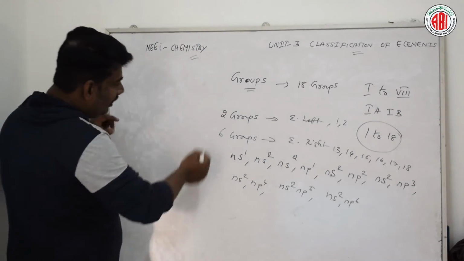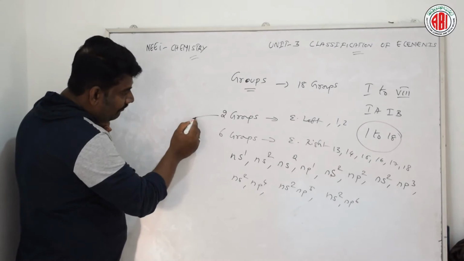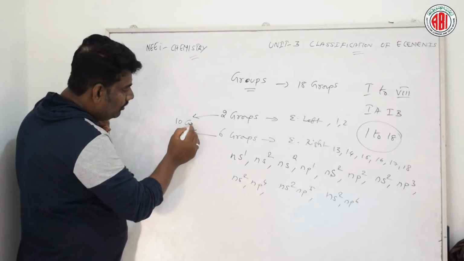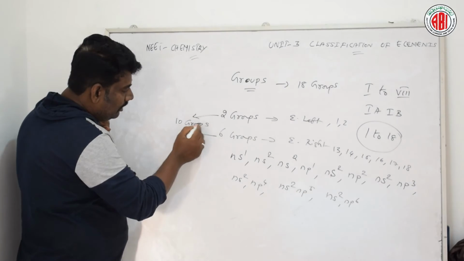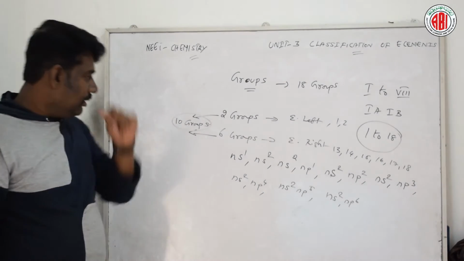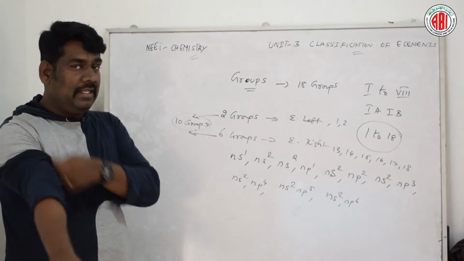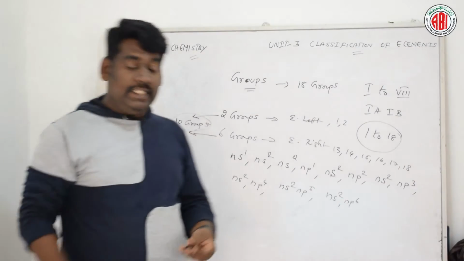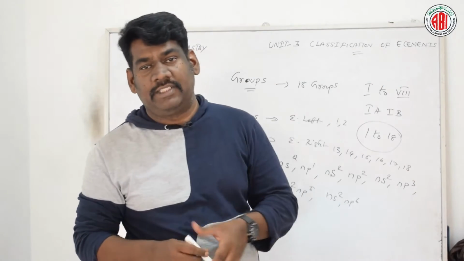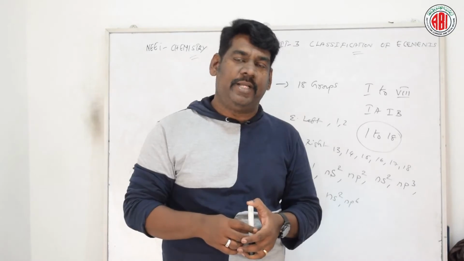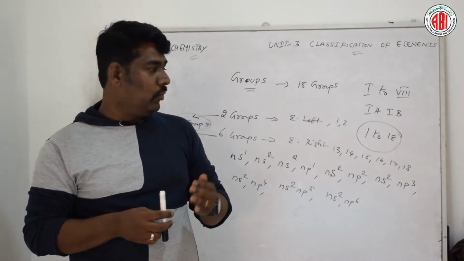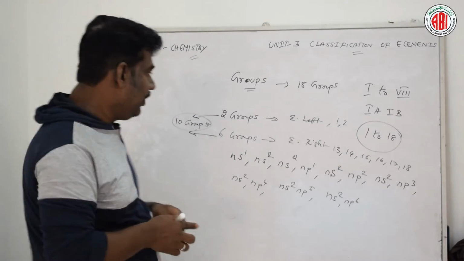That means in between these first 2 groups and the last 6 groups, there are 10 more groups placed. Understand? So in total there are 2 plus 10, 12, 12 plus 6 is 18 groups in the long form periodic table. These particular groups start from group number 3 to group number 12.